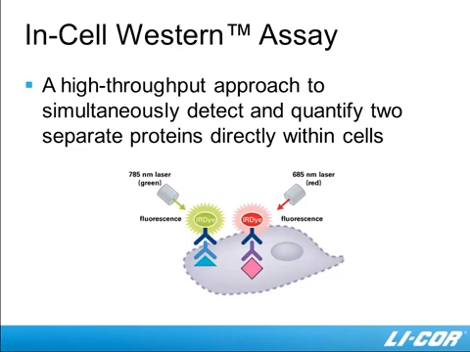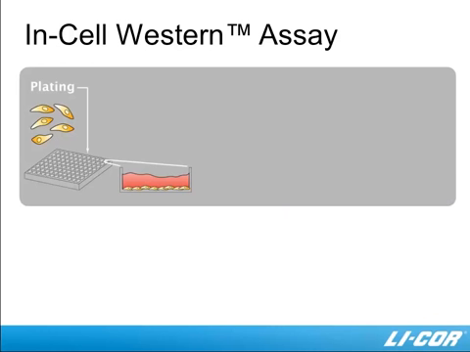All of these systems have two solid-state lasers that excite fluorophores at 785 and 685 nanometers. Because we have two solid-state lasers at different wavelengths, this allows us to simultaneously detect two proteins by using two separate secondary antibodies. Each of these antibodies will have a unique infrared fluorophore specific to each laser.